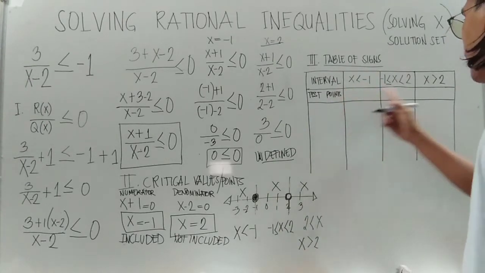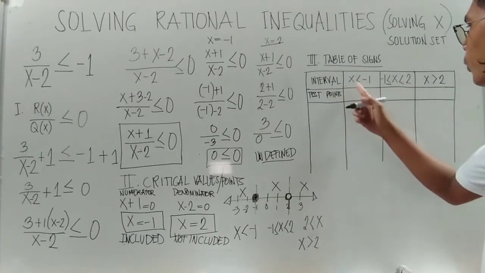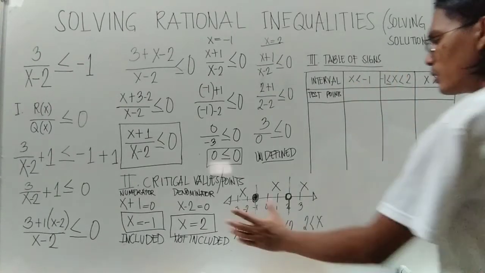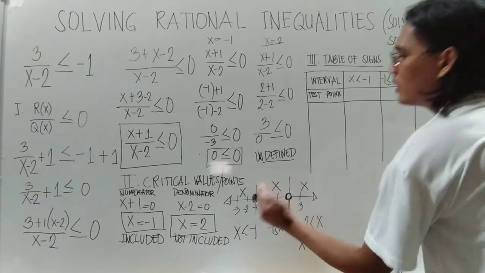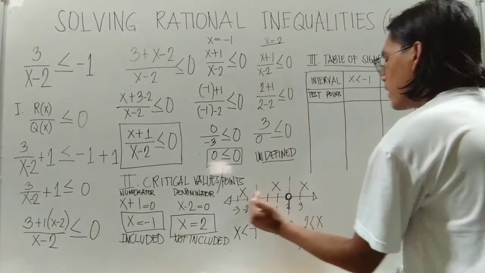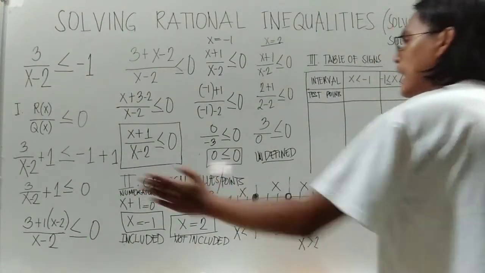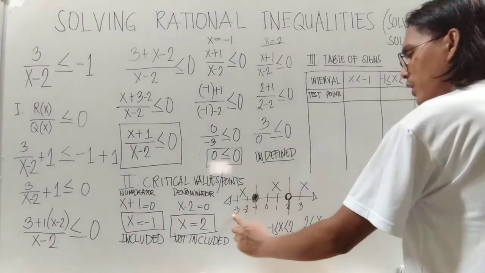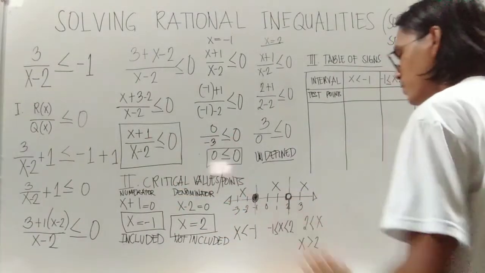Okay, let us try this one. So what are the test points of these intervals? So what are the values that are less than negative 1? Looking at your line graph, what are the values that are less than negative 1? So less than, the values on the left. So we can use negative 2, negative 3, negative 4, negative 5, and so on.